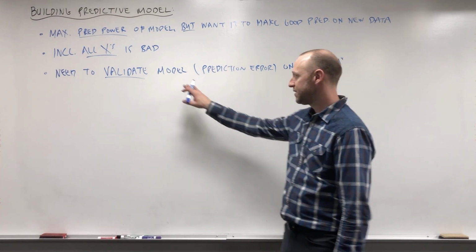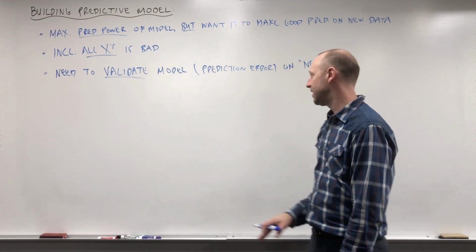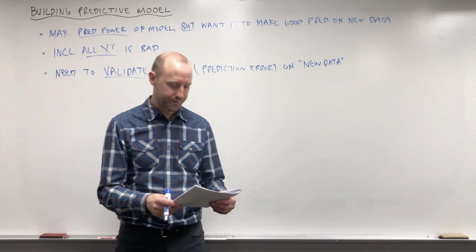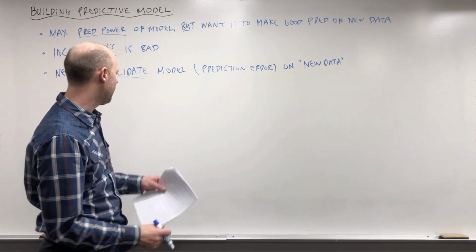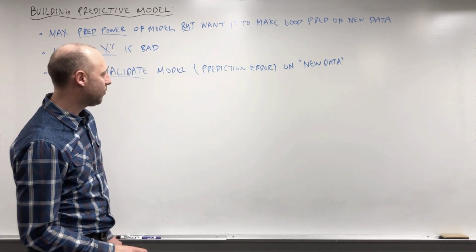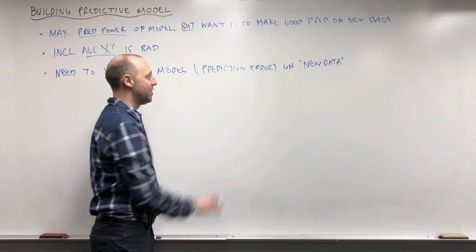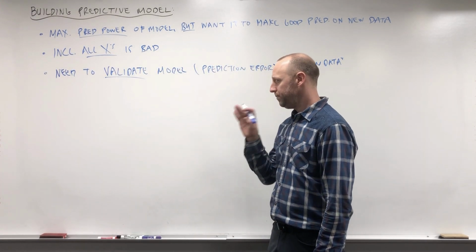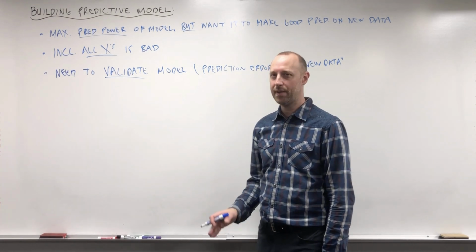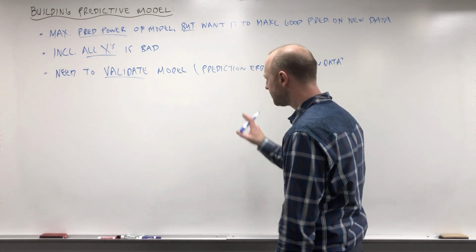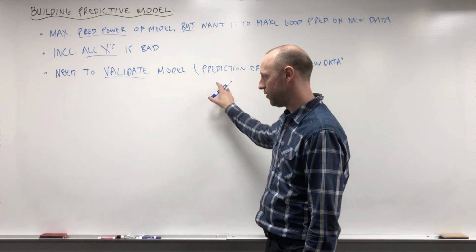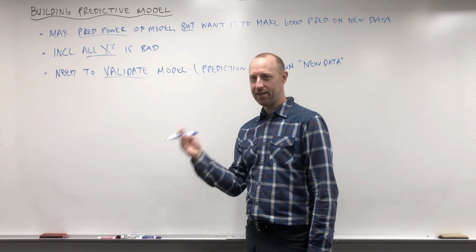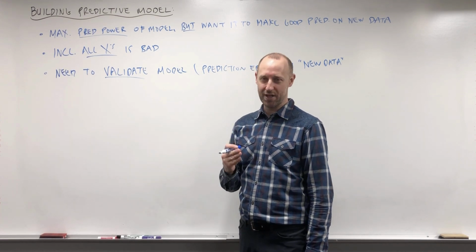And so that falls under the umbrella term of validating the model. And there's lots of ways to do this. We'll mention some of them. But really, what we want is to see how well our model can predict, or what the prediction error is for new data. The problem with things like R squared that we see from linear regression models is that R squared looks at how well our model can predict the data that was used to train the model.